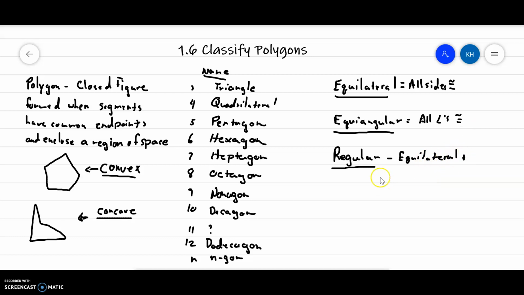Equilateral and equiangular. Alright, equilateral and equiangular. So we could have problems like this. Let's say we've got a quadrilateral, regular quadrilateral. In other words, all sides are equal.